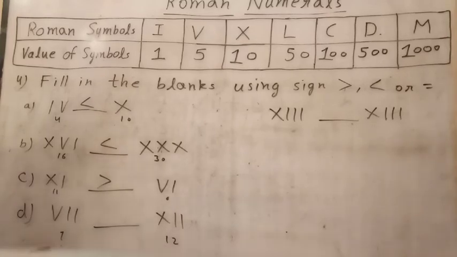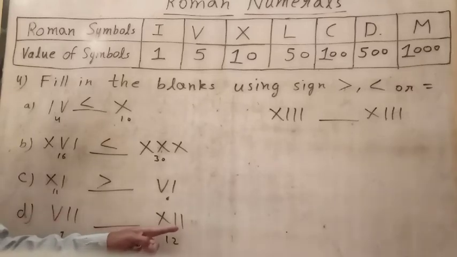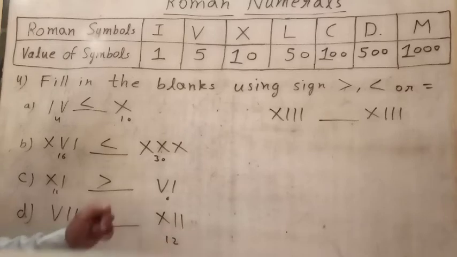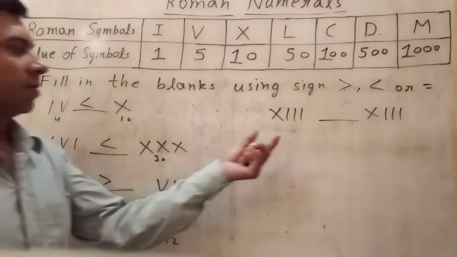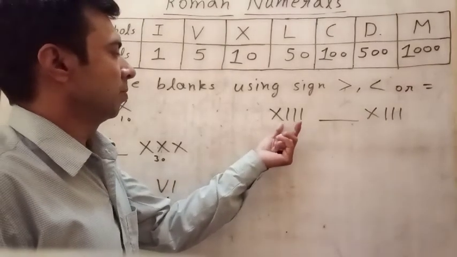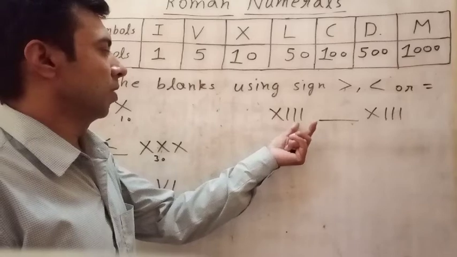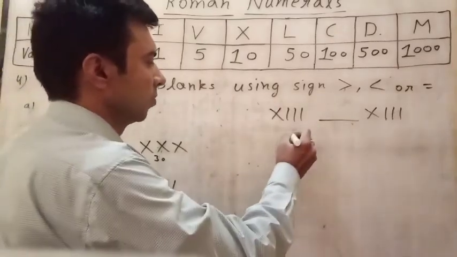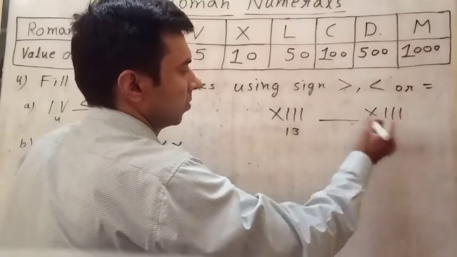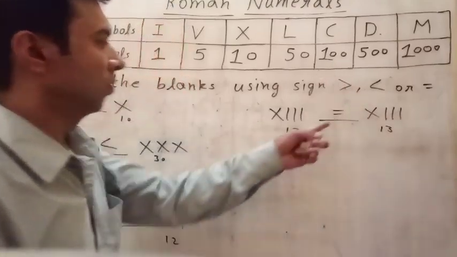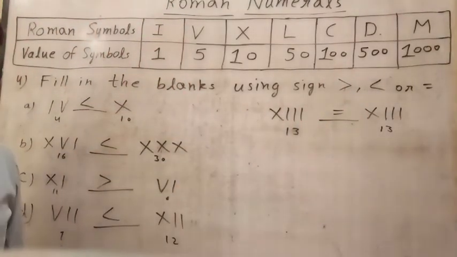Which one is greater? 12 is greater. Now, X I I I: 10 plus 1, 11 plus 1, 12 plus 1, 13. And this is also 13. So what do we do? We put the equal to sign.